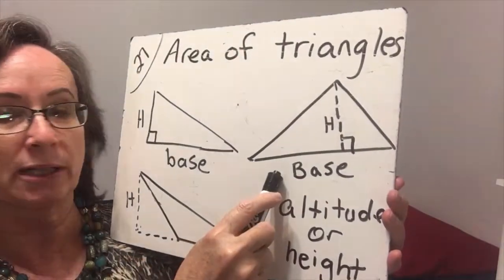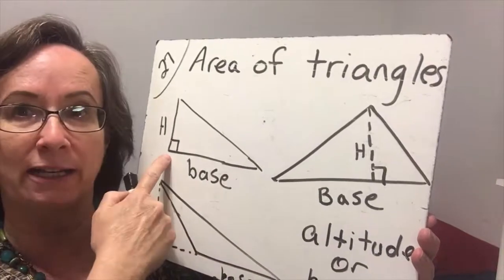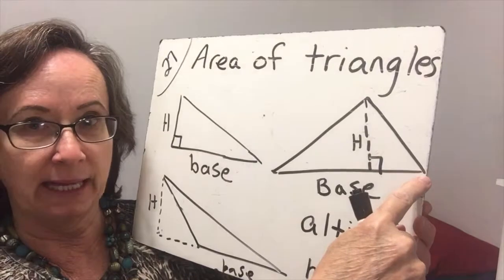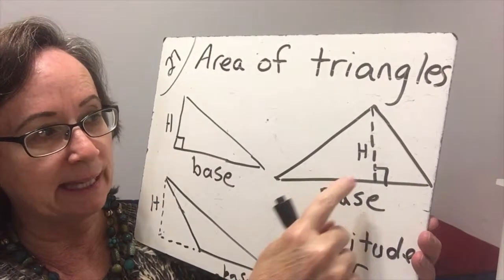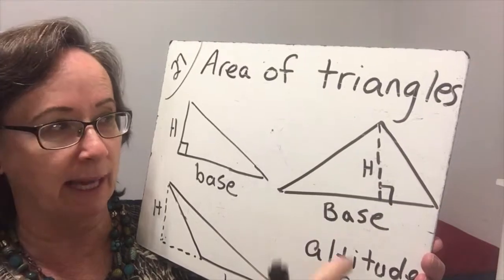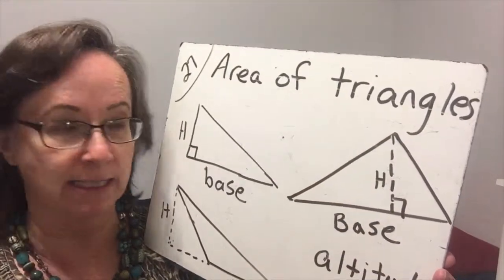Now sometimes we're going to see a triangle that is not a right triangle, but once we find the base, we can draw a perpendicular line to the base up through the apex, or the vertex, of the triangle.